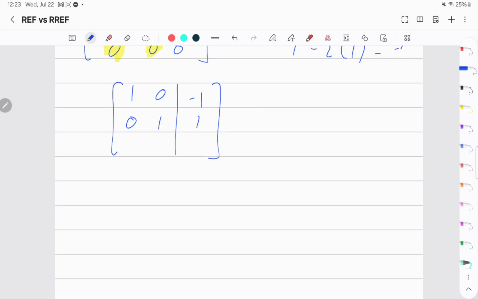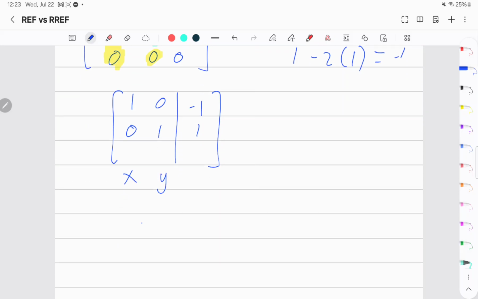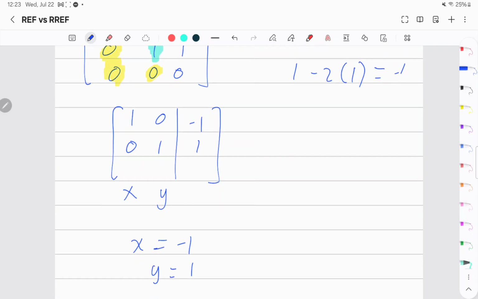If this is x and this is y, then you can simply say that x is minus 1 and y is 1. You can read it off directly. So instead of making a confusing, messy matrix that you have to solve using simultaneous equations or some graph, you could just use this RREF form to simplify it and find the values of x and y. That's why we use it.